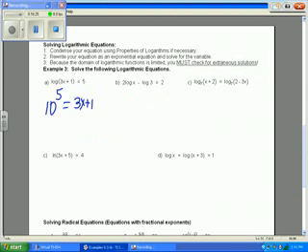See, so you just rearranged it in exponential form, and now where is your variable? That's a regular old algebra 1 problem. You're going to say 100,000 equals 3x plus 1, and then you're going to solve. And you're going to get x is 33,333.